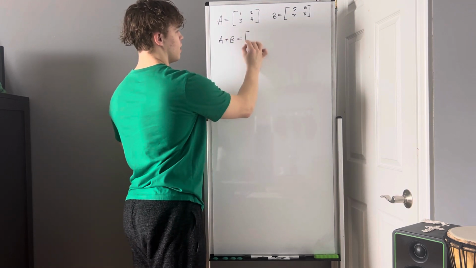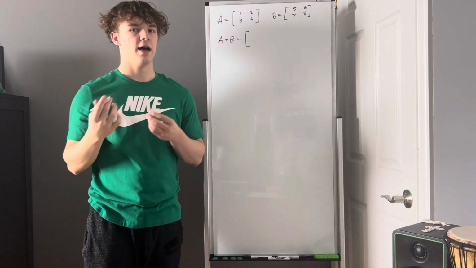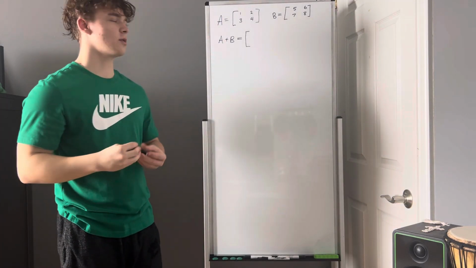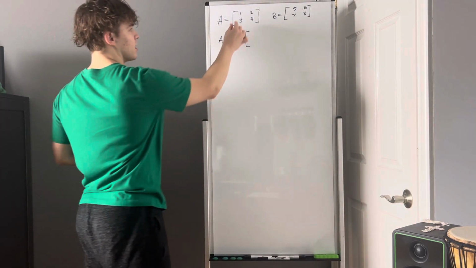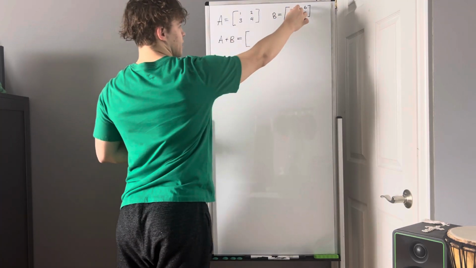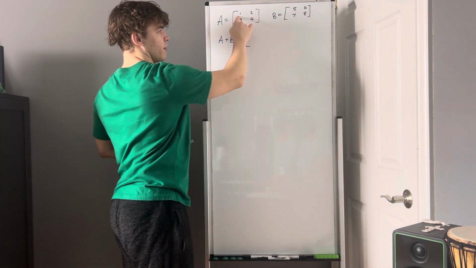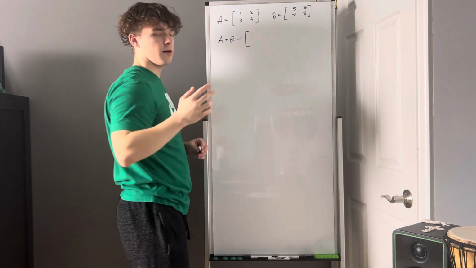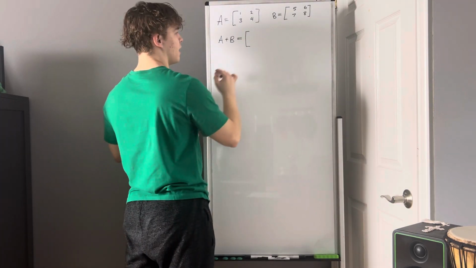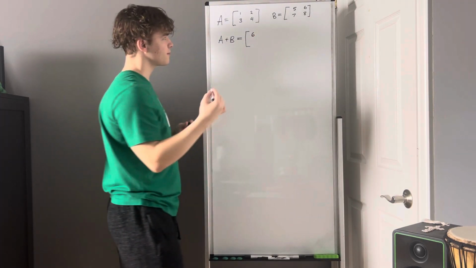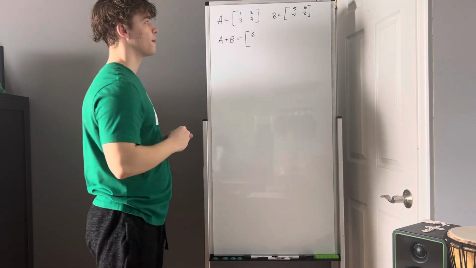And so all that adding matrices is going to do is take this and this, the first row and first column, and the first row and first column, and we'll add them together. So 1 plus 5 is 6. Easy.